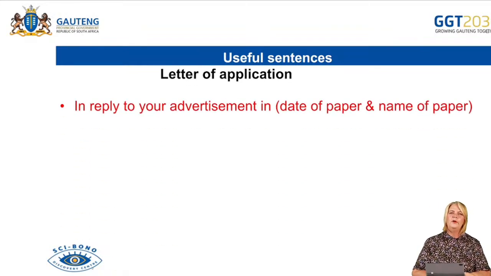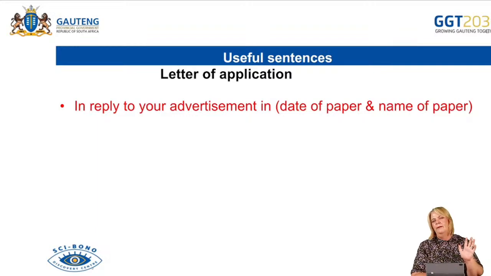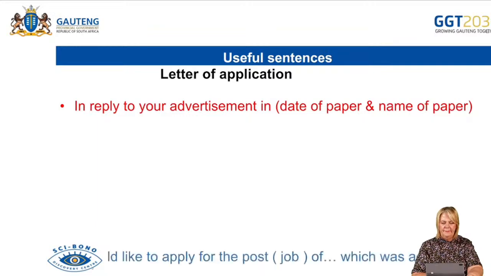A couple of useful sentences or useful phrases that you could possibly use in a letter of application would be: in reply to your advertisement in, and then the paper's name, and then also the date in which this advertisement appeared in the newspaper.